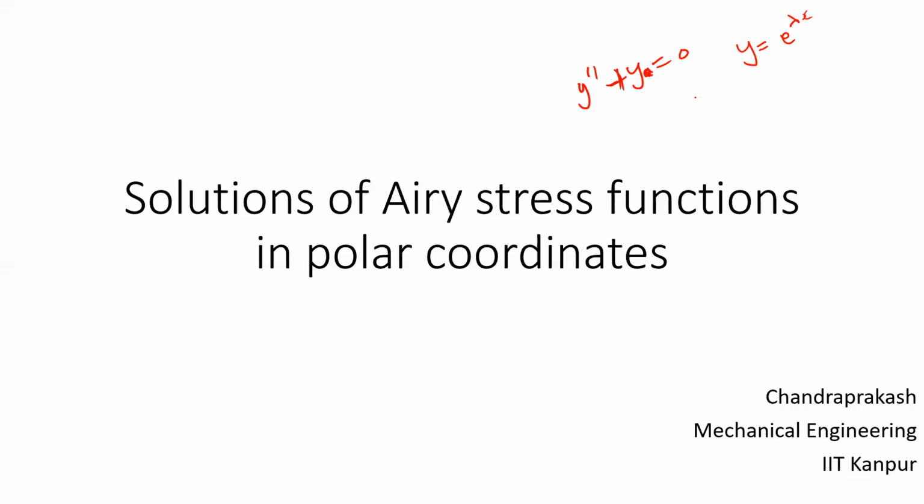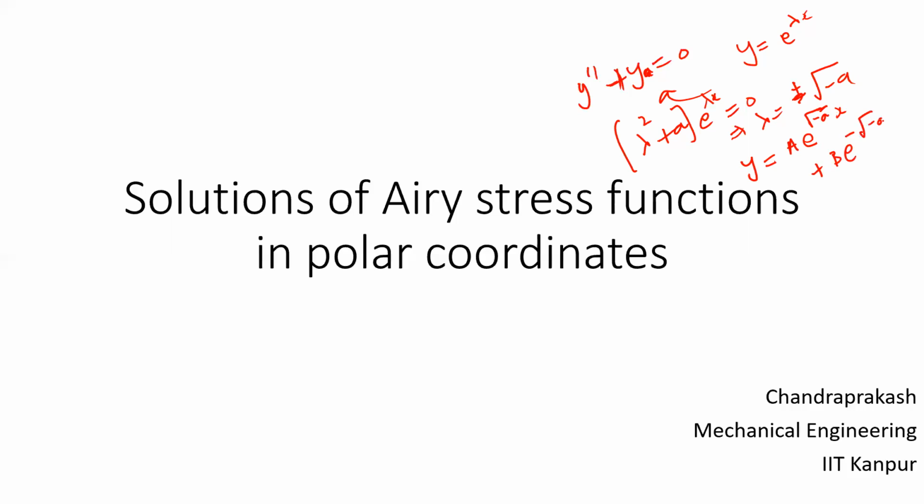If I substitute this ansatz in the given equation, I'll get lambda square plus a times e power lambda x is 0, which means my lambda is plus or minus the square root of minus a. So my general solution is y is a times exponential of root minus a times x plus b times exponential of minus square root of minus a times x. So this is the general solution.